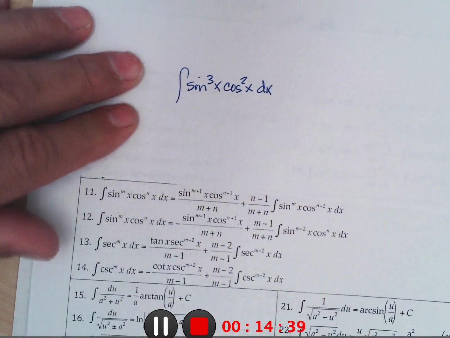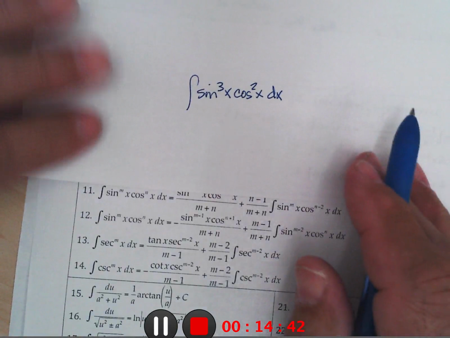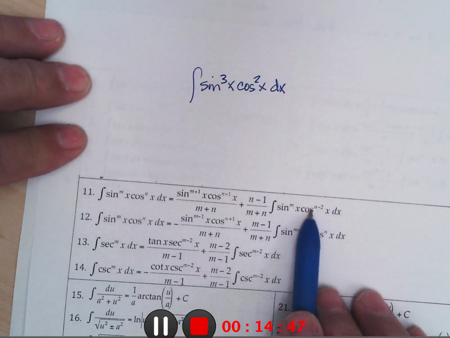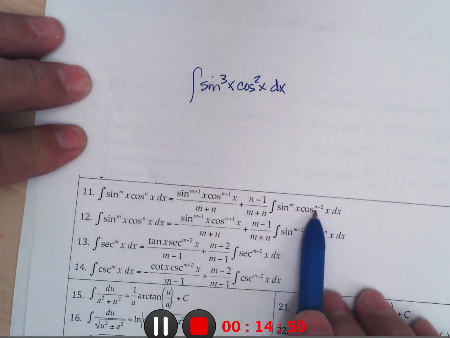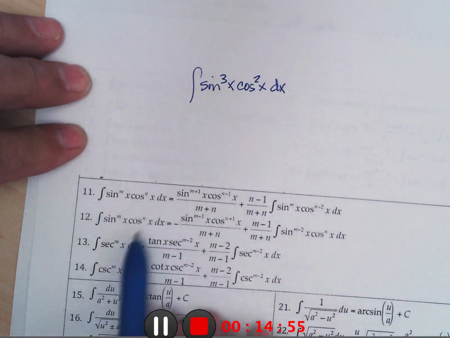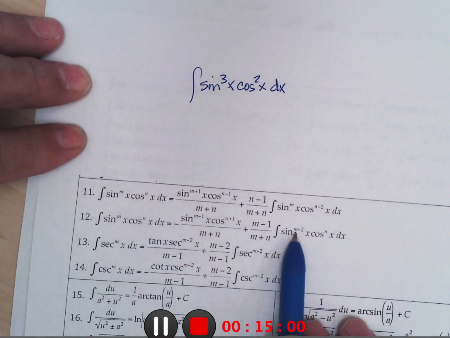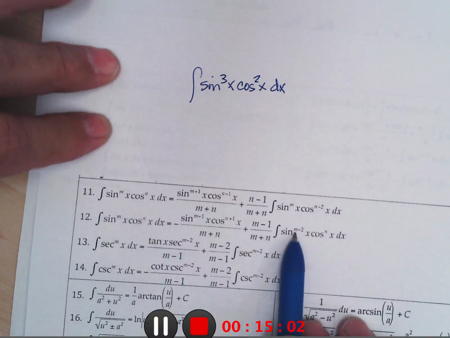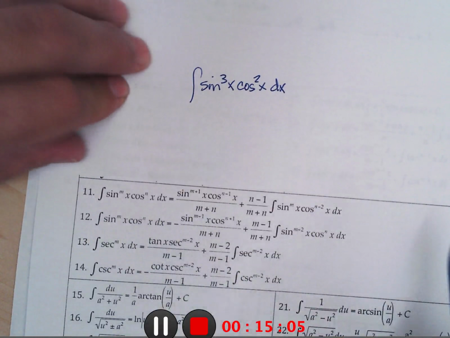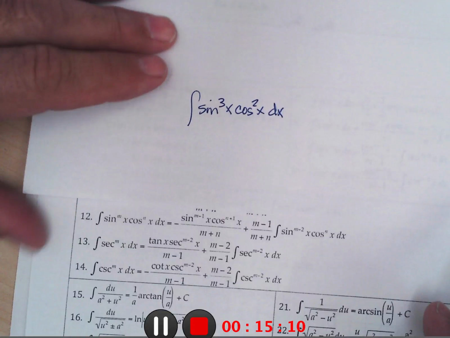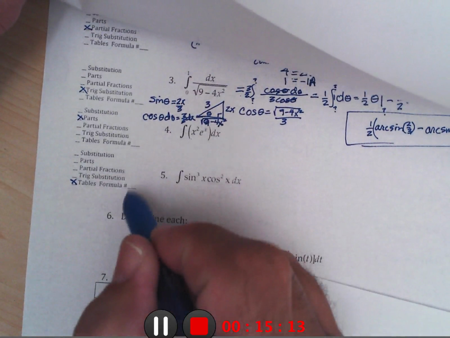And I'm going to use, let's see, if I use the top one, that would change the cosine from 2 to 0, so there wouldn't be any cosine left. Or if I use the second one, that would change the sine from 3 to 1. I kind of like that one because then I can do u sub and finish it and not have to do one of these again. It wouldn't be hard to do it again, but I'm going to do 12. So I'm going to choose 12, so I'm going to mark 12 is what I'm going to use.